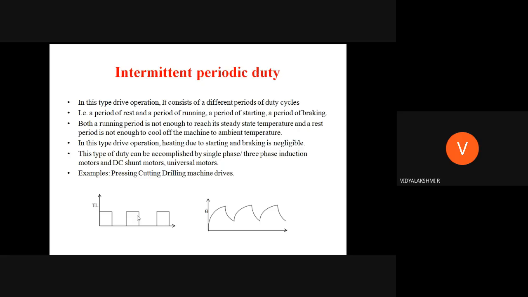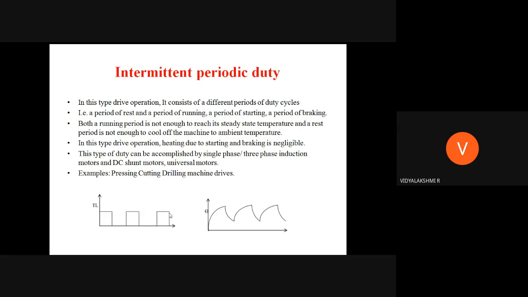And then intermittent periodic duty, where we continuously switch the drive on and off. Again, I talk about the starting and then stopping. I don't talk about the braking and resting period here. If I start, again I need to give some rest. Again I start the drive, again I give some rest.